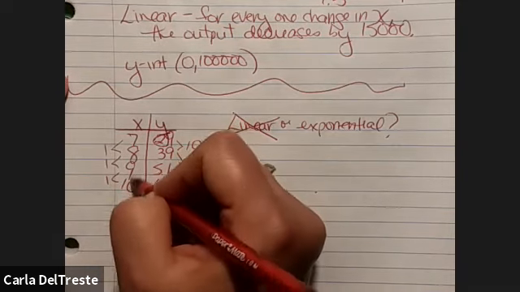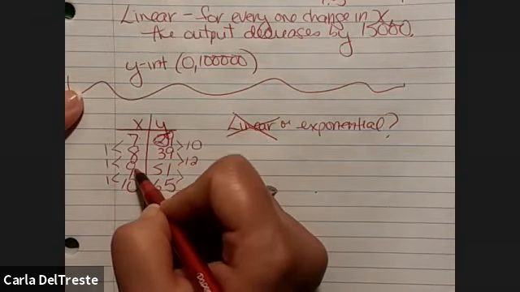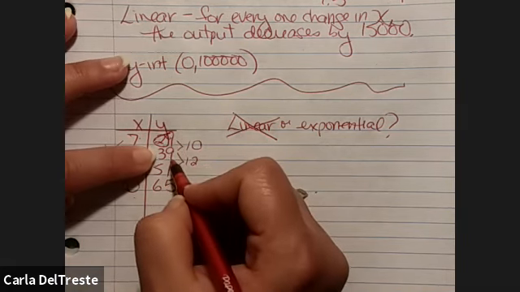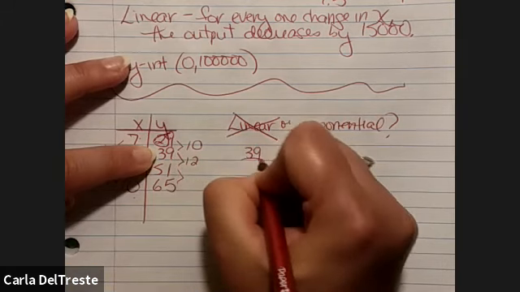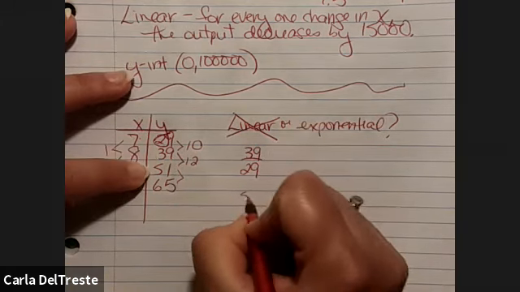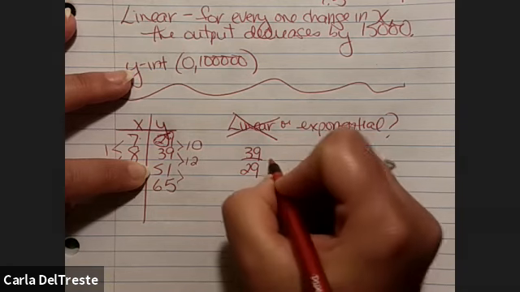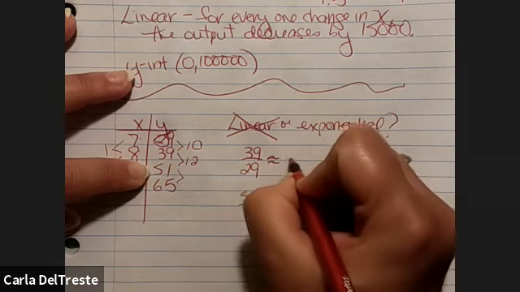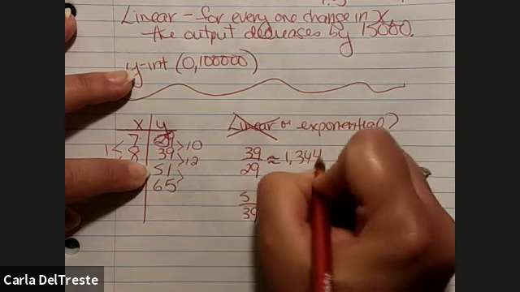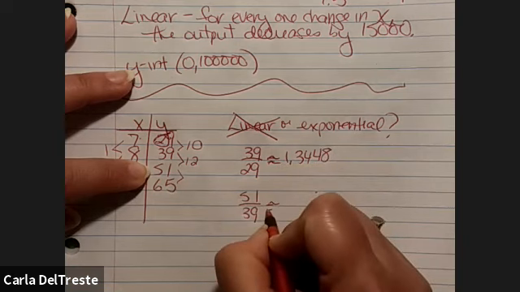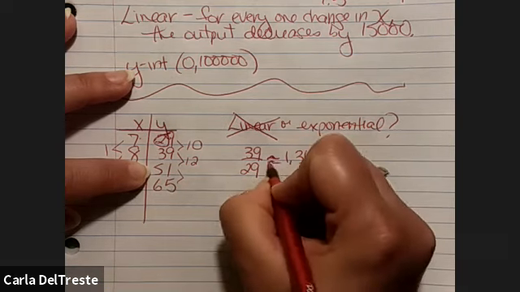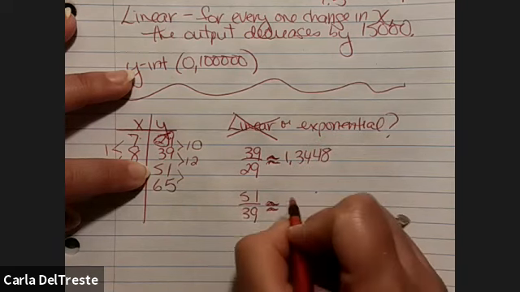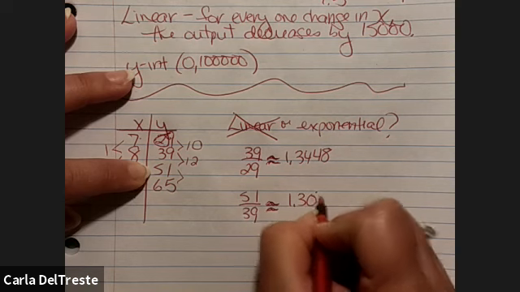These are changing by ones, 7 to 8, 8 to 9, 9 to 10, difference of ones. So I can also see if I have a multiplier. So I need 39 divided by 29, 51 divided by 39, and let's see if they're the same. Again, directly in your calculator. This is approximately 1.3448, and this is approximately, and notice how I'm using a squiggly equals, because I'm approximating, it's not exact, 1.3077.